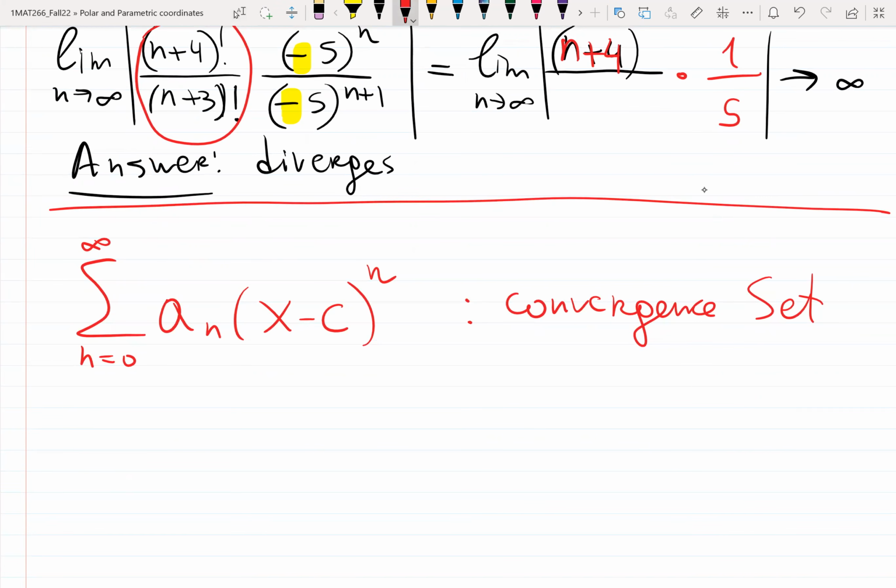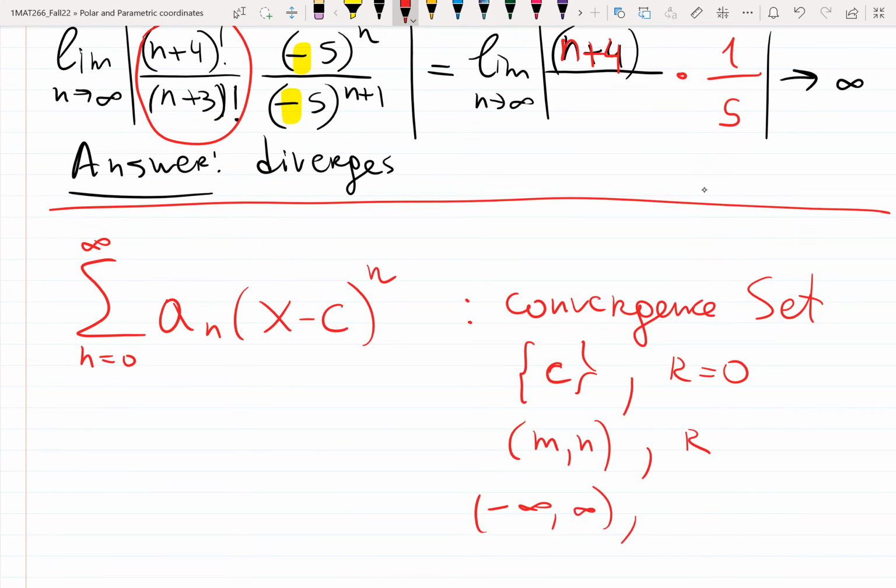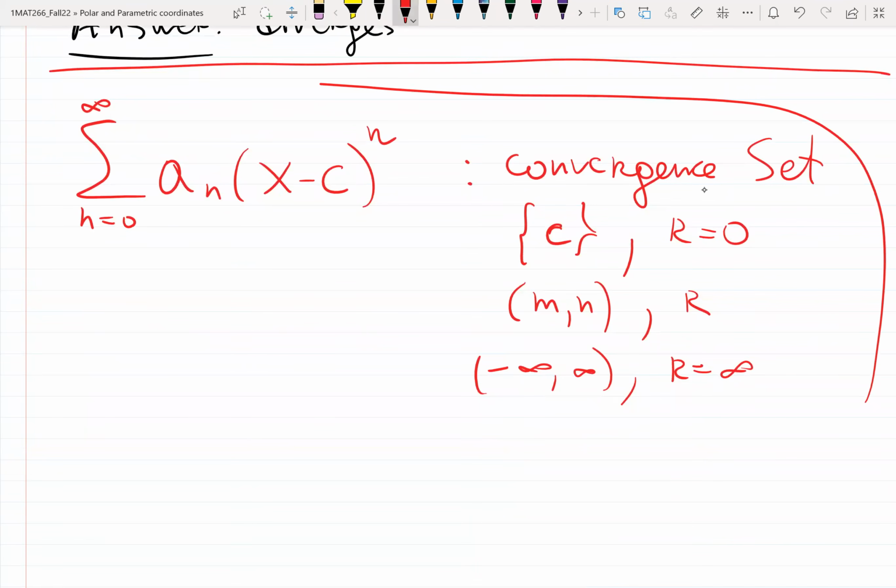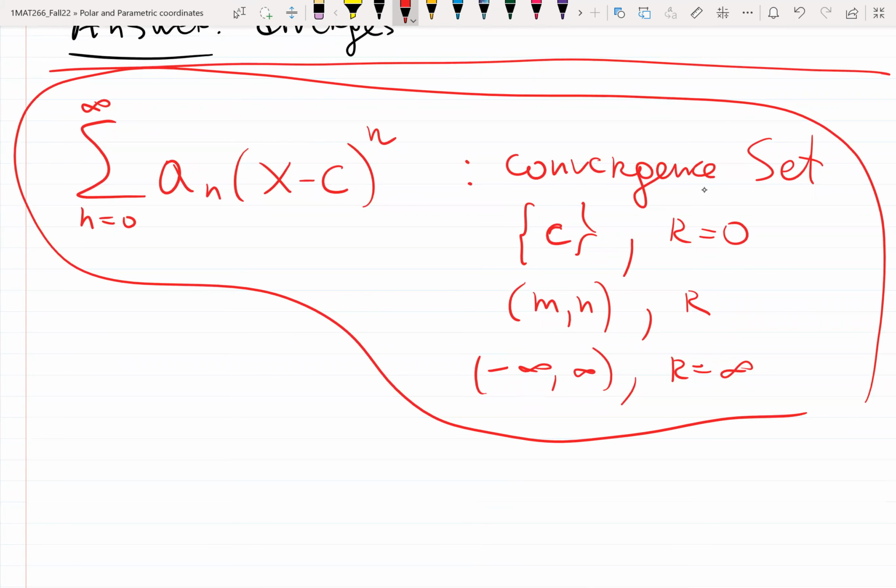It may be just one number, which is a center, c, then the radius is 0. Or it's an interval from, say, m to n, then there's some kind of radius. Or it converges everywhere from -infinity to infinity. We had cases like this too. Then r is infinity.